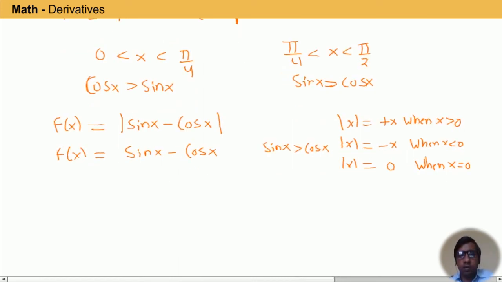First, let us try to find the derivative over here. f'(x) is equal to the derivative of this is cos x, and the derivative of this is plus sin x, because the derivative of cos x is negative sin x, but that negative becomes positive. So f'(x) equal to cos x plus sin x when sin x is greater than cos x, or when x lies between pi by 4 to pi by 2.